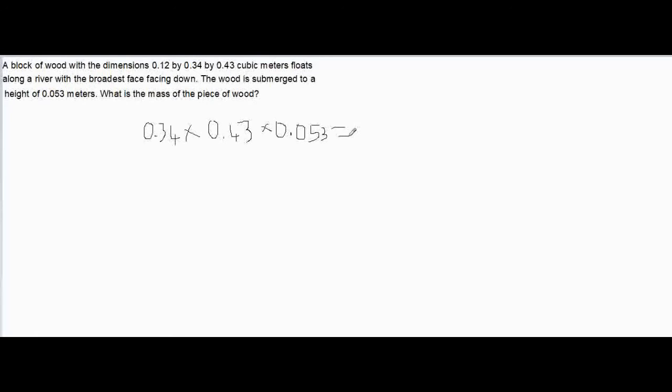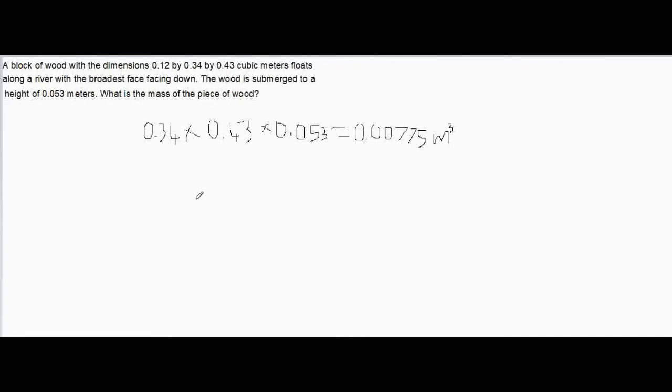And if we punch it into our calculators, we get 0.00775 cubic meters.